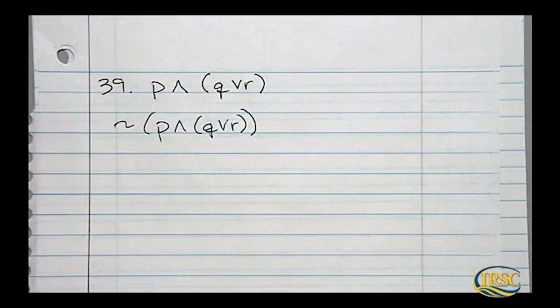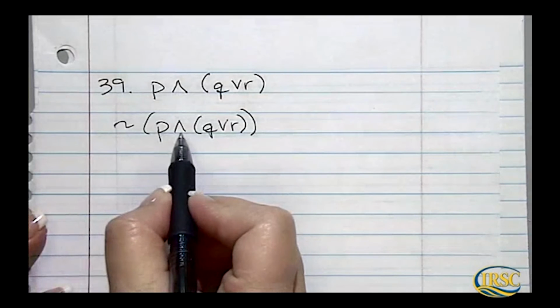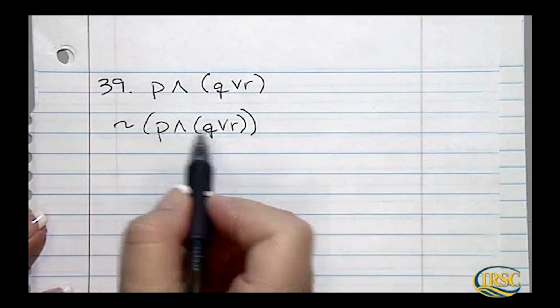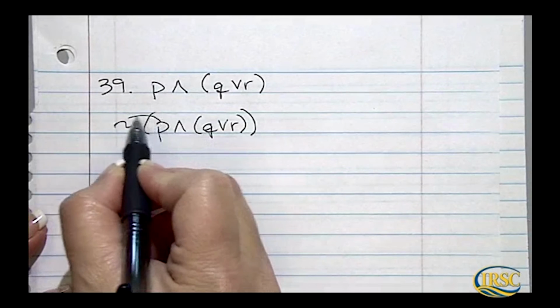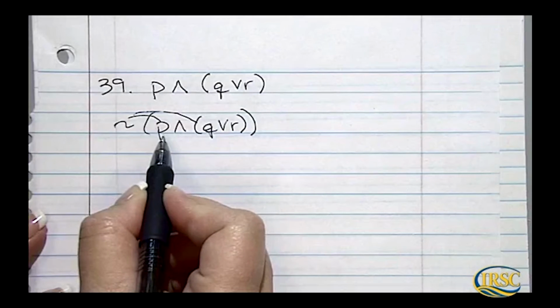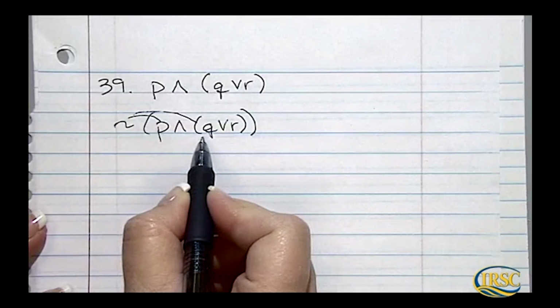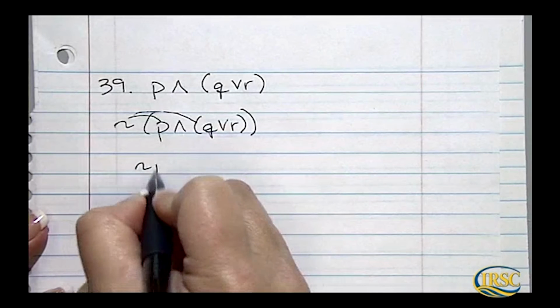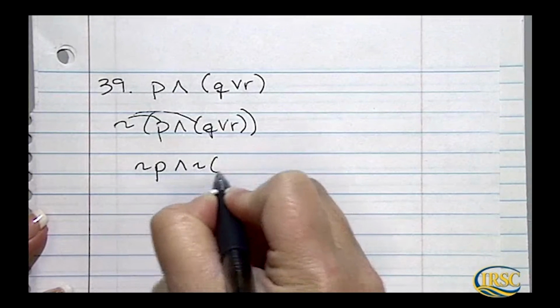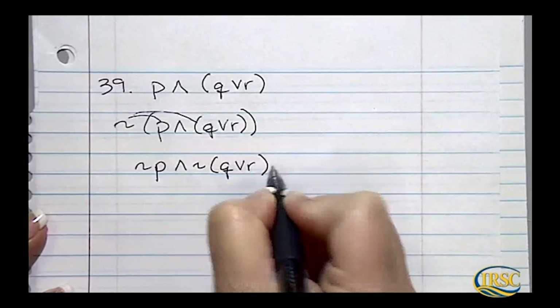Okay, and it is not true that. But they also want you to simplify this as much as possible. So notice that we have an and statement inside the bigger parentheses. So when you distribute, you're distributing it like this, to the P and to the parentheses, and then flipping that and over. So you have not P and not the entire parentheses.